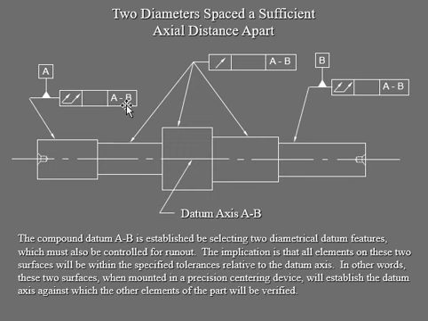So when you write it in this feature control frame, it is going to be established by selecting the two diametrical datum features, which is this and then that. And that must be controlled for the runout.